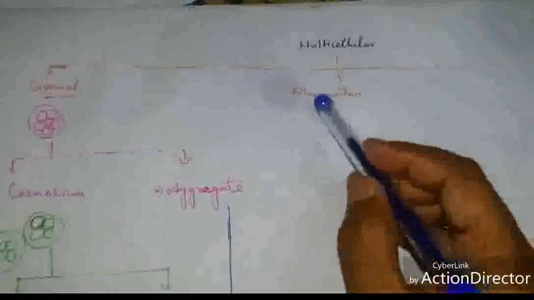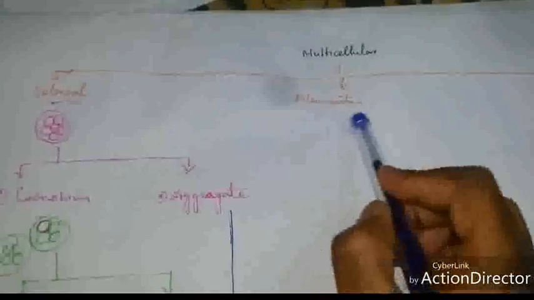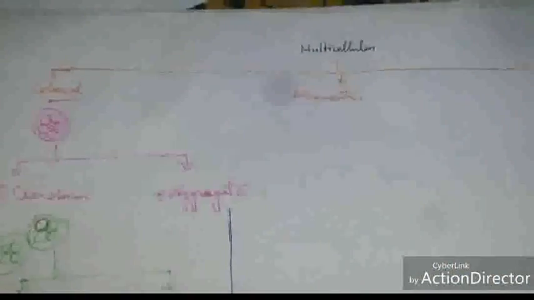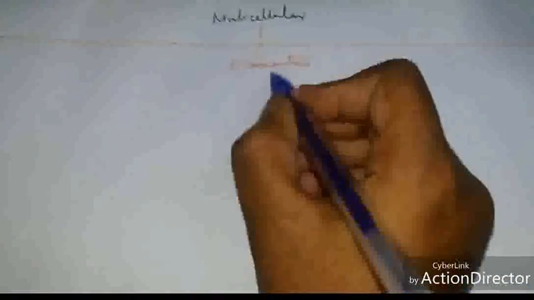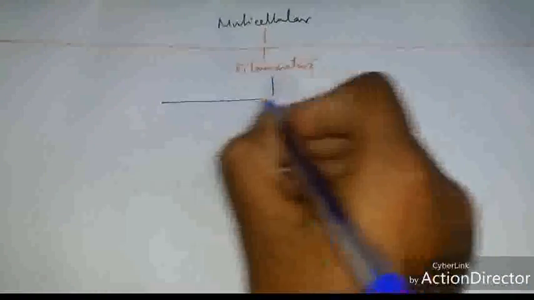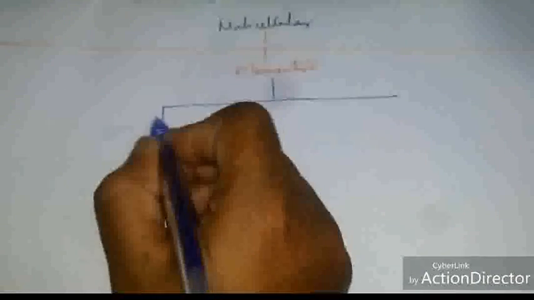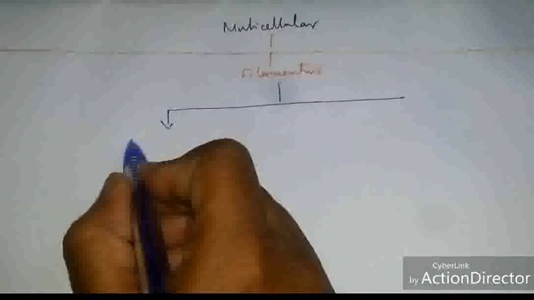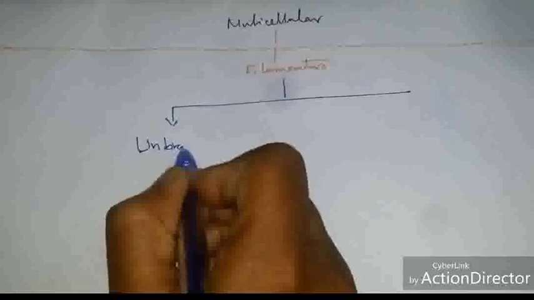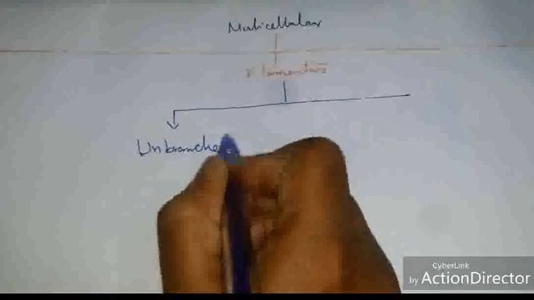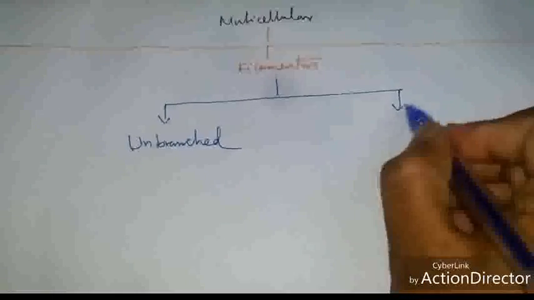Now filamentous type thallus. Filamentous type thallus is divided into two parts. One is unbranched and another is branched.